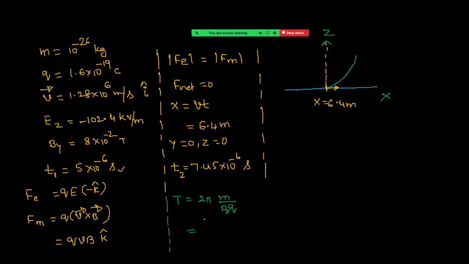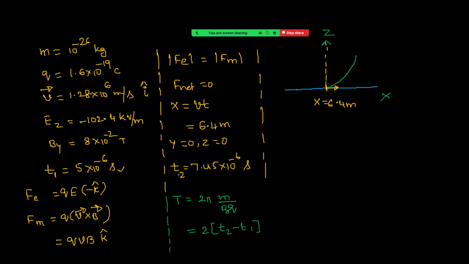After making the calculation, it comes out to be 2 times (T2 minus T1). Cross check the calculation once.